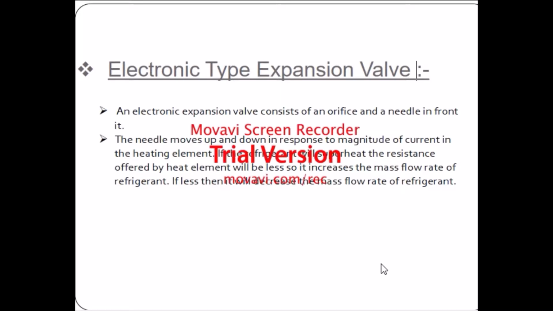Now we go to the next type of expansion valve. We go to the electronic type. So what is the electronic type expansion valve? An electronic expansion valve consists of an orifice and a needle in front of it.